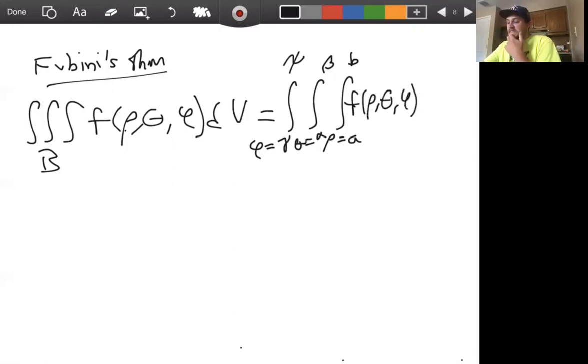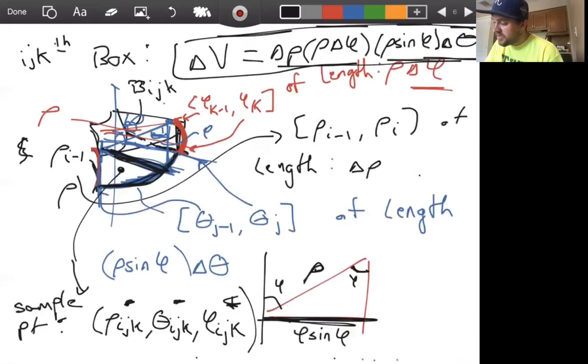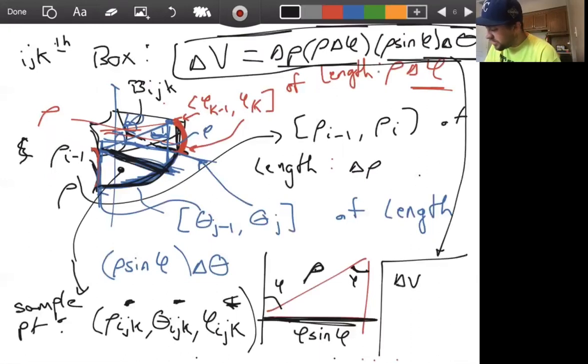And now what was dV? Well, let's simplify what delta V was. Here we can see delta V is equal to rho squared sine phi times delta rho, delta theta, delta phi, right?